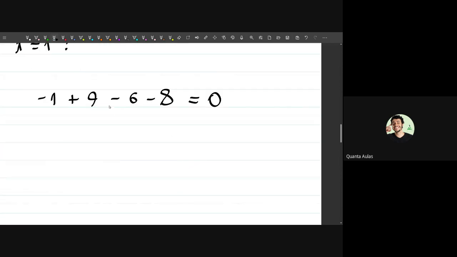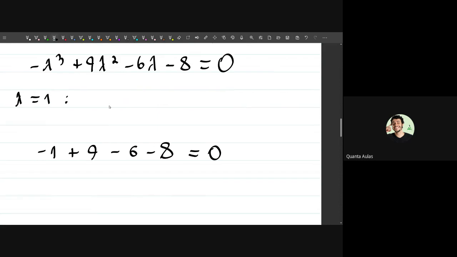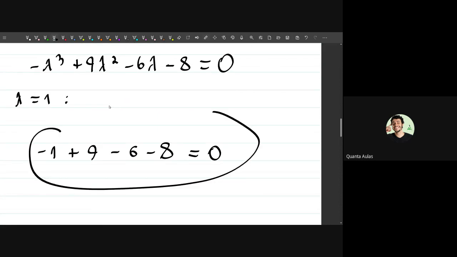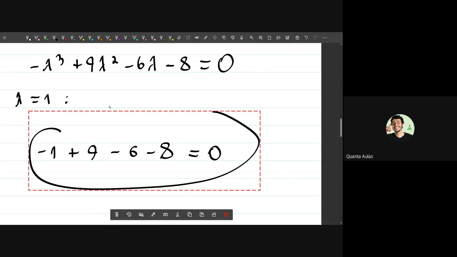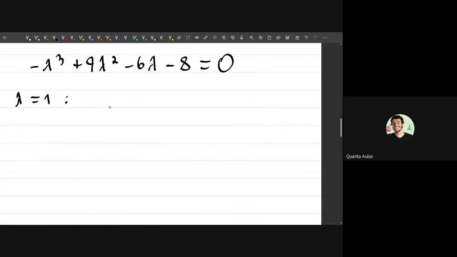Okay, so we need to try another value. Let's try another value. I will try minus 1. Because if we choose the right value, we obtain an eigenvalue.